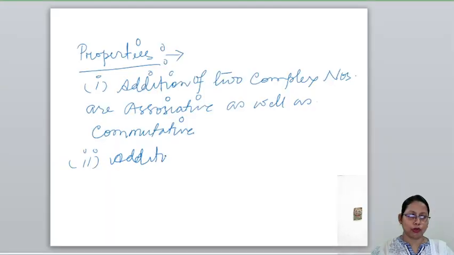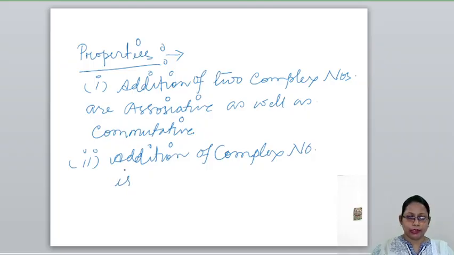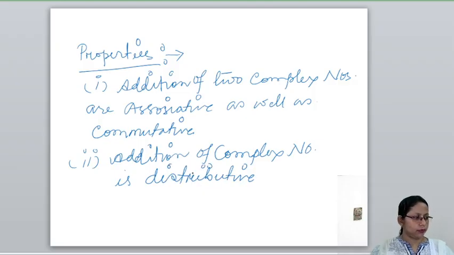Addition of complex numbers is also distributive. Addition of three complex numbers is also distributive.